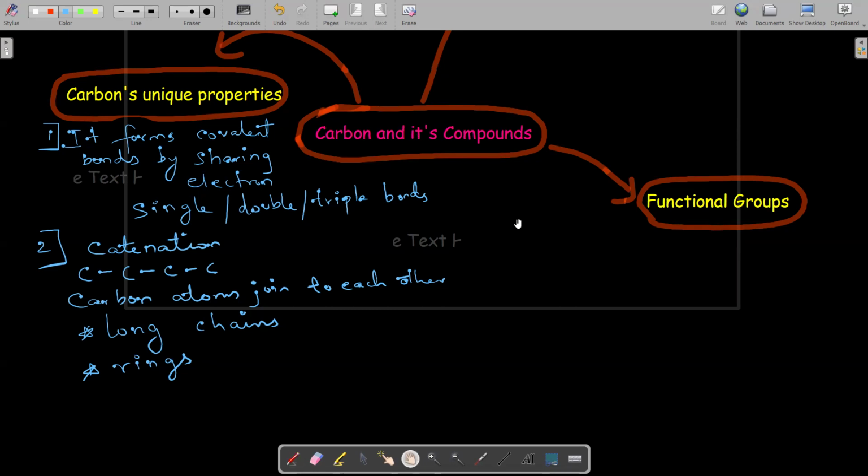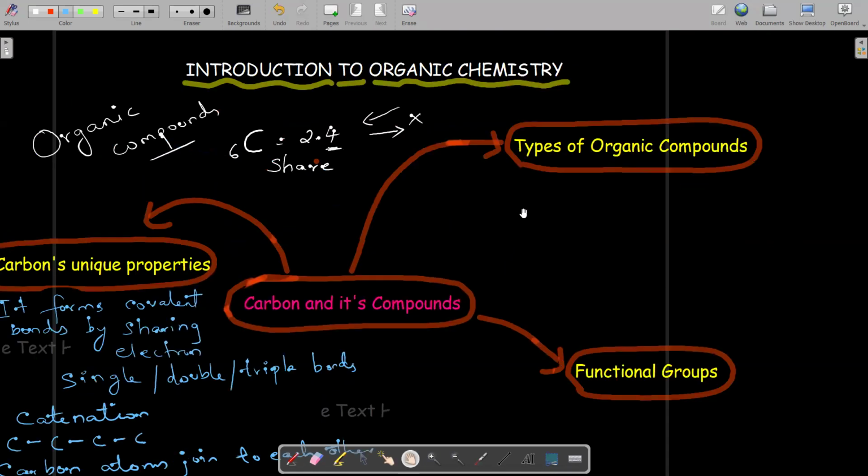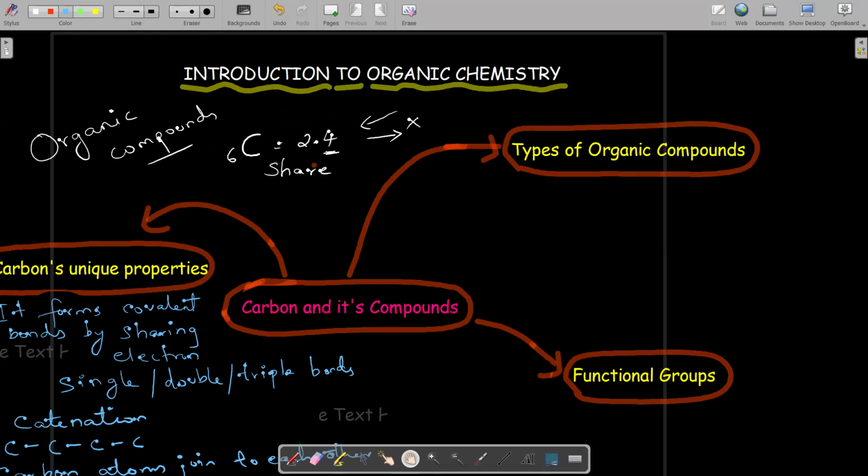So these are the two properties. Now coming to the next main branch, the types of organic compounds. Here you must know that organic compounds are compounds which contain carbon. All compounds which have carbon in them are called organic compounds. Of course, there are a few exceptions like carbon dioxide and carbon monoxide. We will learn about that later.